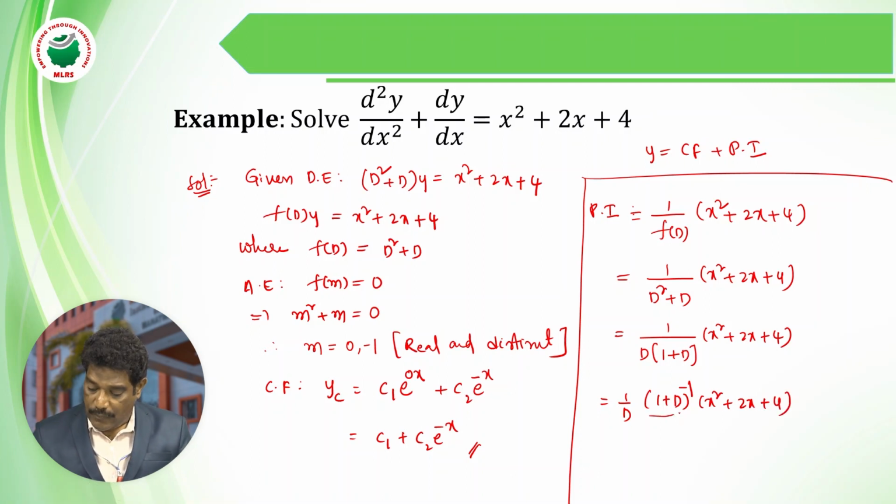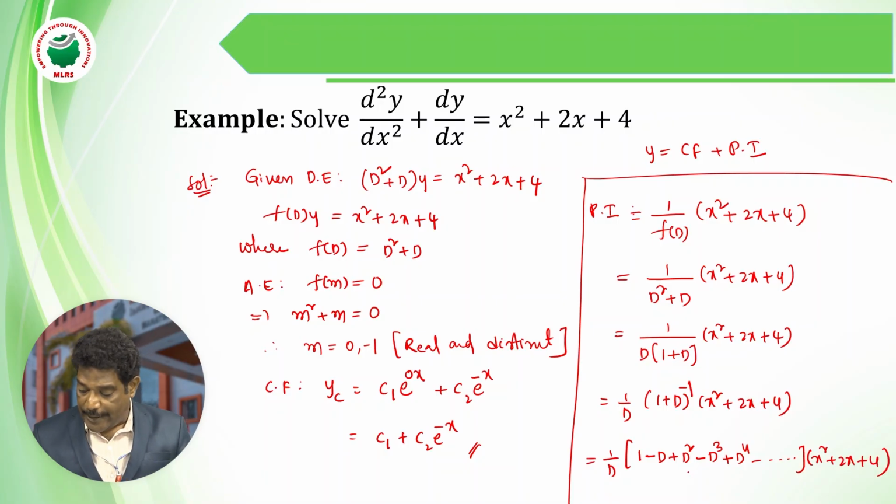Now this (1 plus D) whole power minus 1 will be a negative binomial expansion. So on expansion, 1 by D, 1 minus D plus D square minus D cube plus D power 4, and so on, into x square plus 2x plus 4.